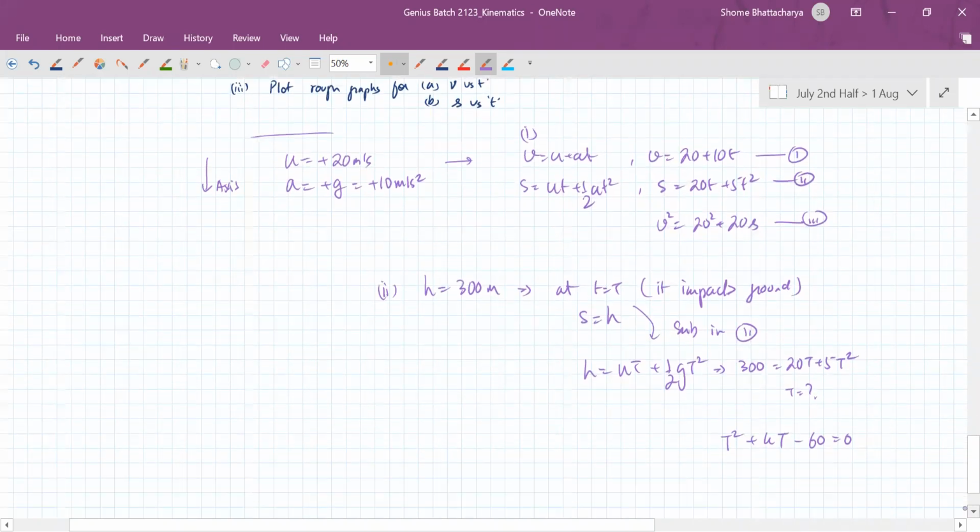You'll see that this gives you one root as 6 and the other root as minus 10, correct? Sum of the roots is minus 4, product of the roots is minus 60.